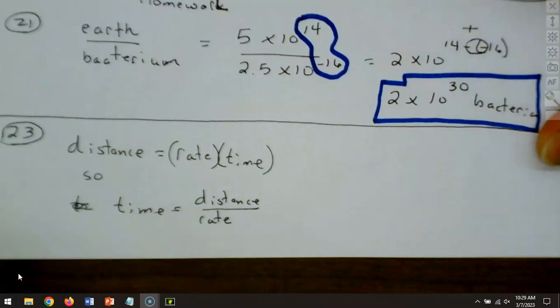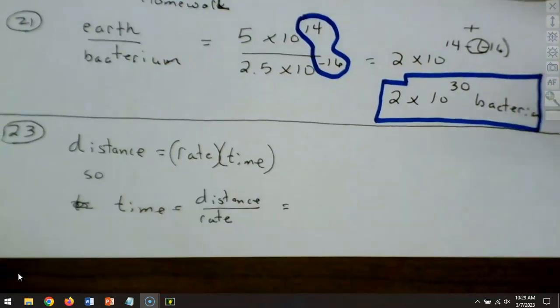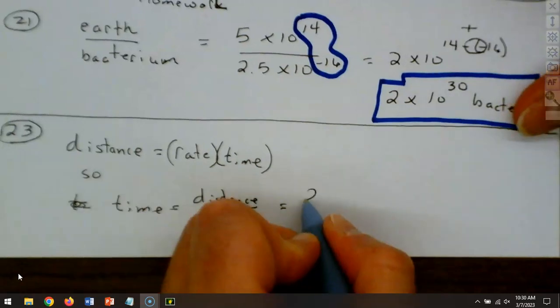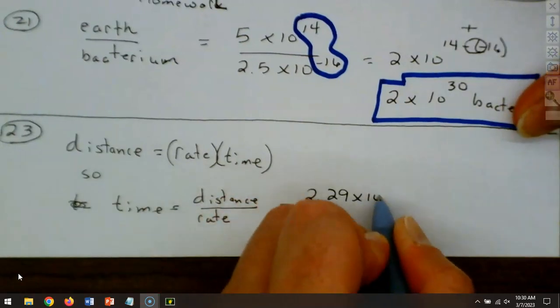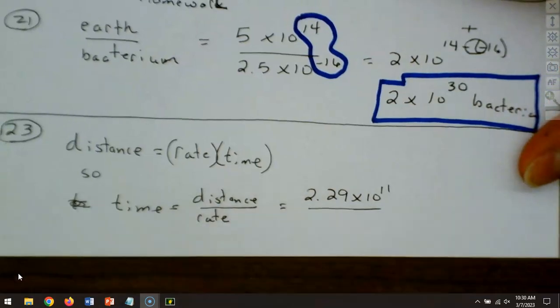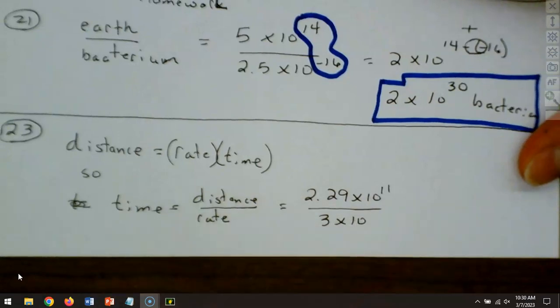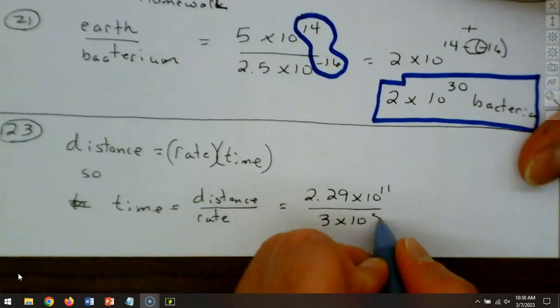Distance over rate gives you the time. We know the distance. What's the distance? Okay, let's look here. Distance that it has to travel is 2.29 times 10 to the 11th. That's the distance. And our rate is 3 times 10 to the 8th.